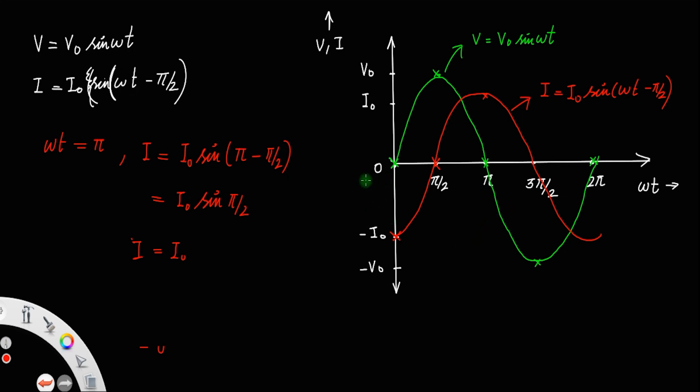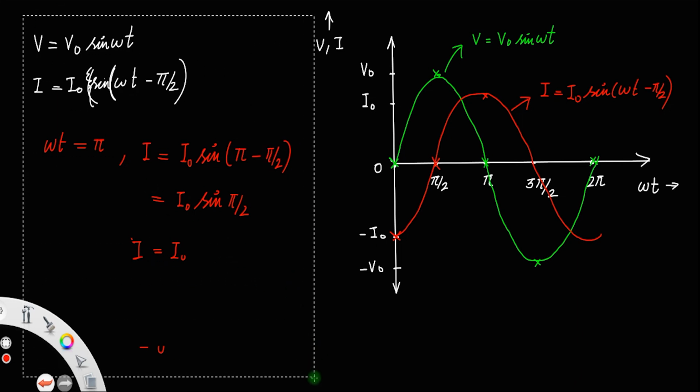Let's take the value at omega t equal to 0: the voltage is 0, but there is a value of current which is of peak magnitude in the negative direction. Clear? Now, how will you represent this in a phasor diagram?